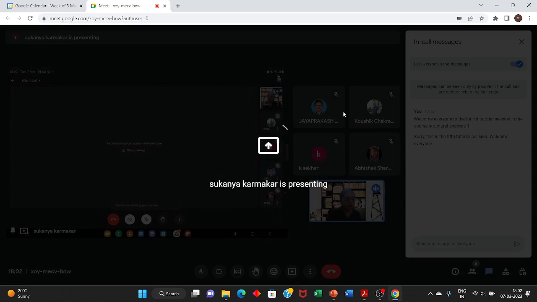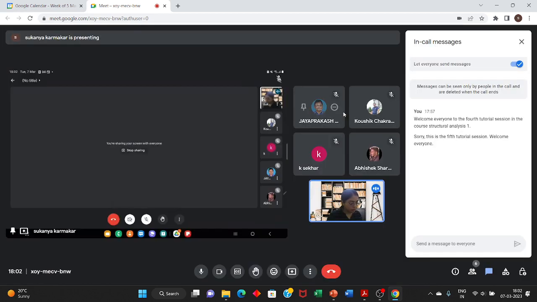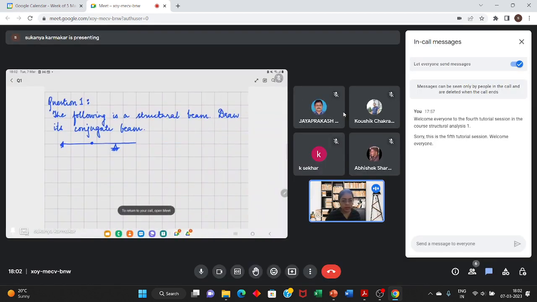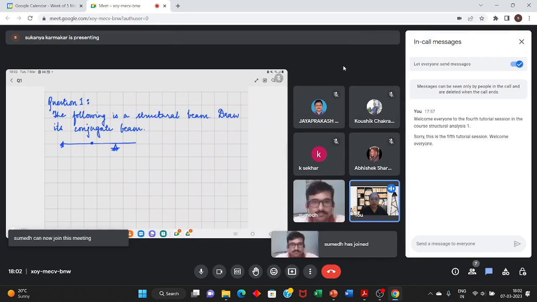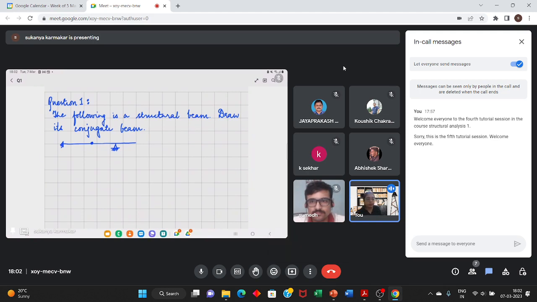I'm starting off with the conjugate beam method. I'll try to explain the method with questions, and then we'll move to the unit load method. I have already demonstrated the use of the unit load method in calculating the deflection and slope, basically its application in beams.